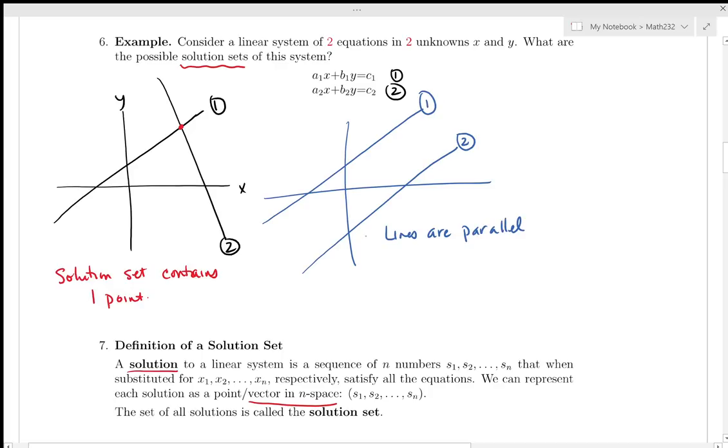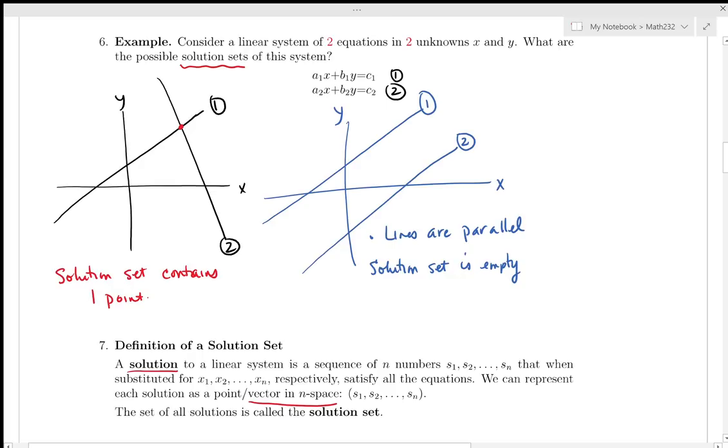On line 1 are all the values that satisfy equation 1, and on line 2 are all the values of x and y that satisfy equation 2, and there are no values of x and y that satisfy both equations. So the solution set is empty. Okay, that's the second possibility.